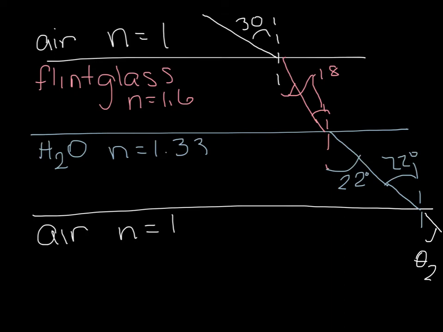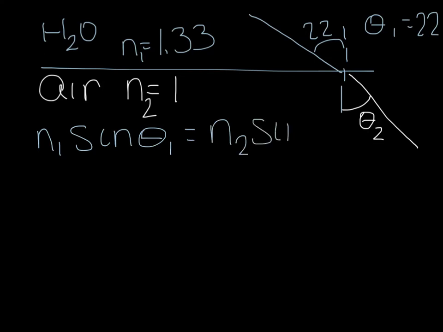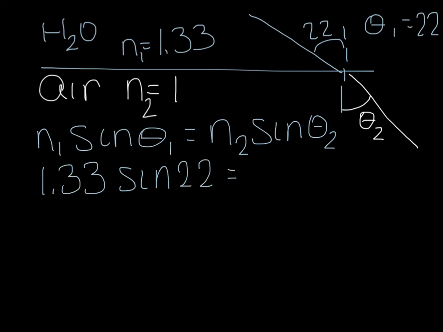So let's look at this section. We know n1 is 1.33. We know theta 1 is 22 degrees. We know n2 is 1, and we don't know theta 2, but we need to find it. So n1 sine theta 1 has to equal n2 sine theta 2. So we have 1.33 times the sine of 22 has to equal 1 times the sine of theta 2.